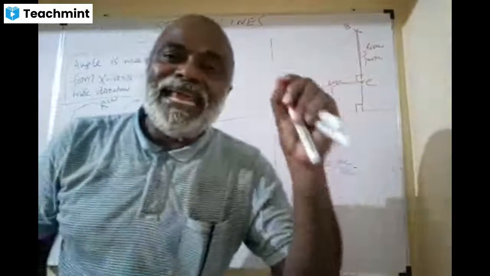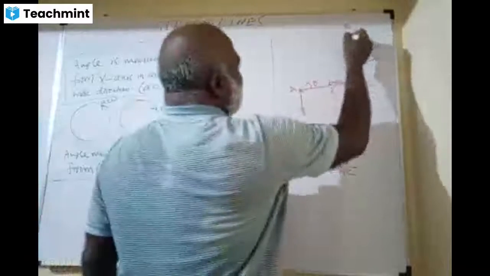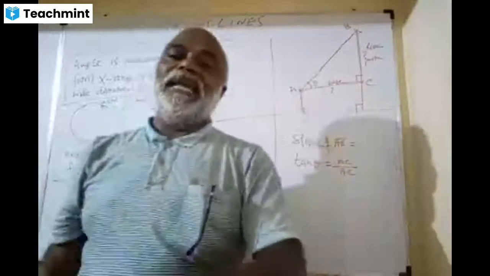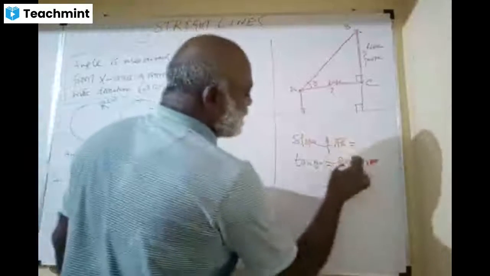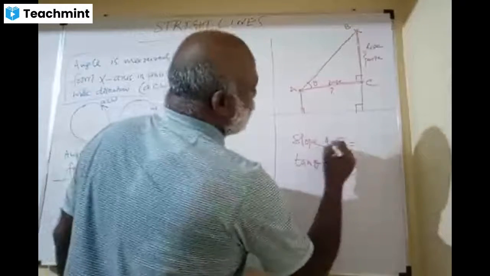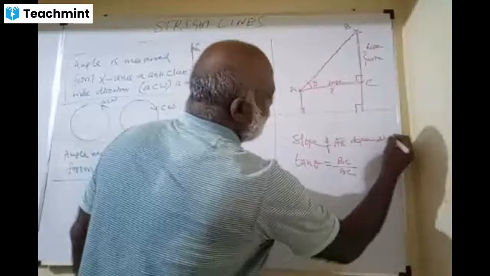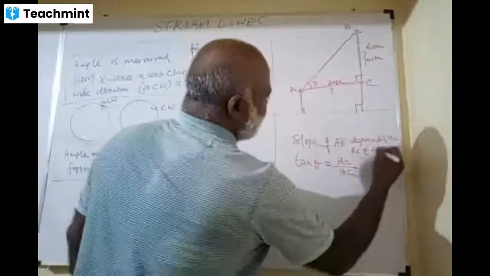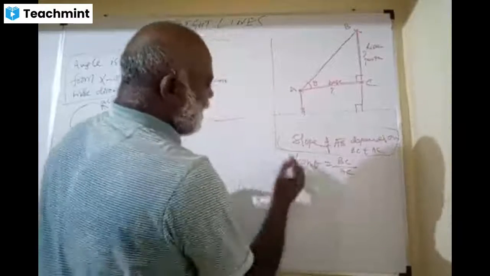Theta is the inclination of the line. This line is making an angle theta with the horizontal. Therefore, tan theta is called BC by AC. We said that the slope of AB depends on BC and AC, and BC and AC are connected by tan theta.